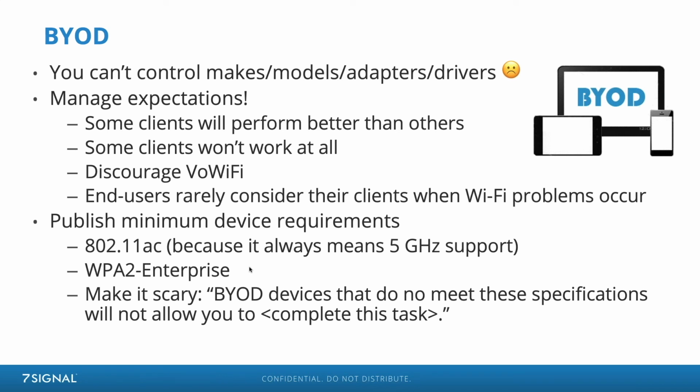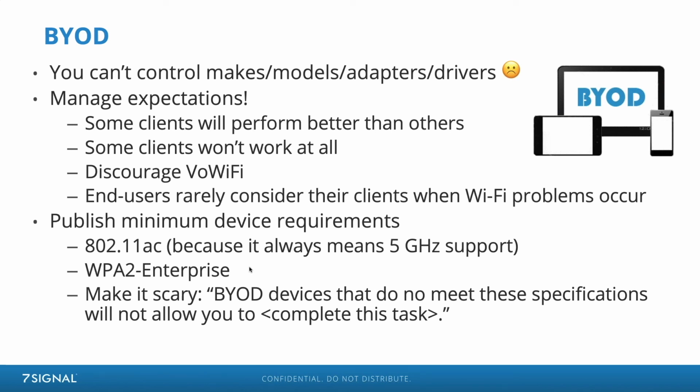One thing you can do is publish some minimum device requirements for your network. A good one is 802.11ac, sometimes called Wi-Fi 5. It's a good minimum requirement because it requires support for the 5 gigahertz band. 802.11n is a pretty good PHY, but it can come in 2.4 gigahertz only flavors, which you don't want on the enterprise.